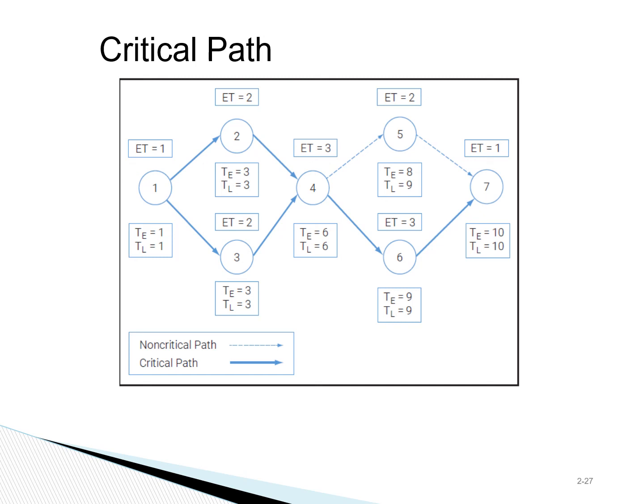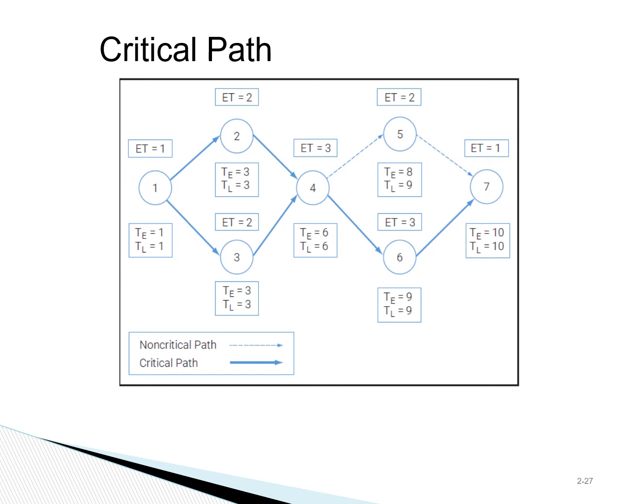By that calculation, it can then determine the critical path. The critical path is the path where you have no slack, meaning that your early and late finish would be the same. In this particular network you can see that the critical path is tasks 1, 3, 4, 6, and 7.